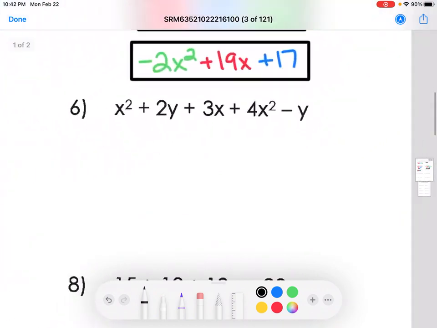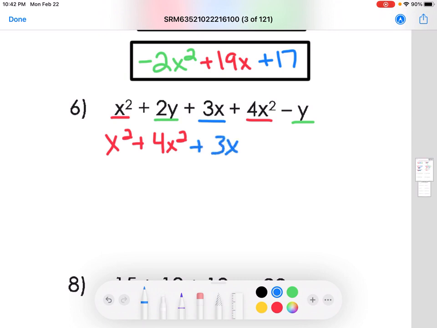Number 6, so I have x squared. I have x. And then I have y's. So 1x squared plus 4x squared plus 3x plus 2y minus y.